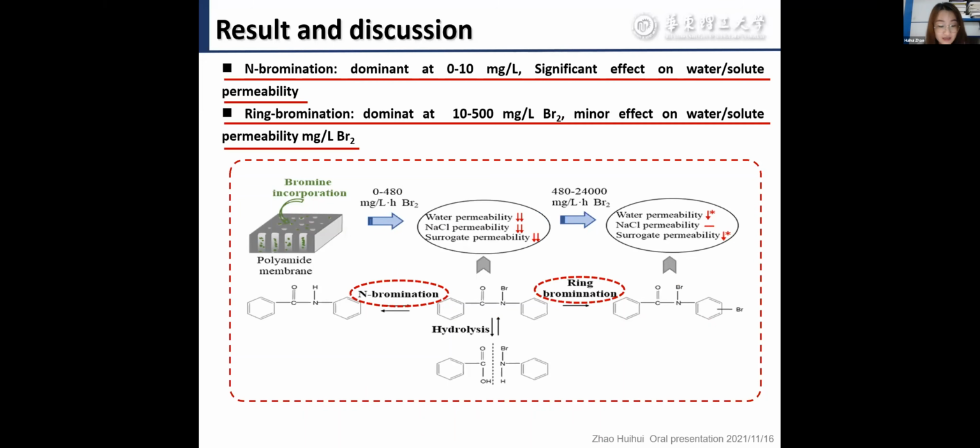In this study, the bromine incorporation, the shift and disappearance of characteristic bonds, the increased ratio of oxygen to nitrogen, and the increased number of carboxylic groups indicate that the degradation mechanism is unbromination and bromination-promoted hydrolysis under minor bromine exposure conditions, and further ring bromination occurred under severe bromine exposure conditions.